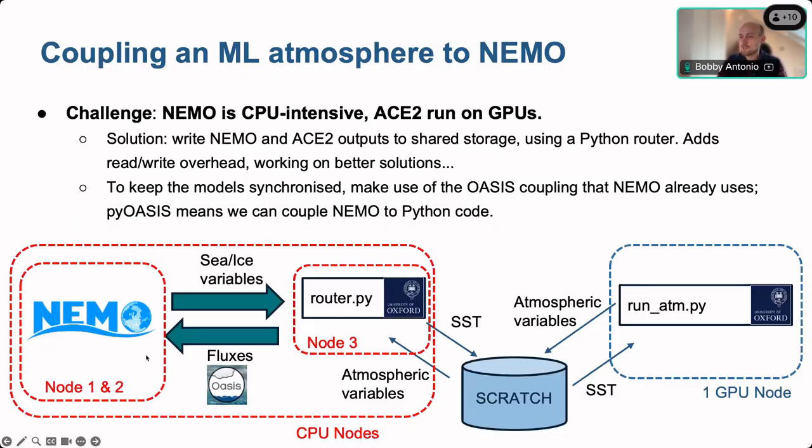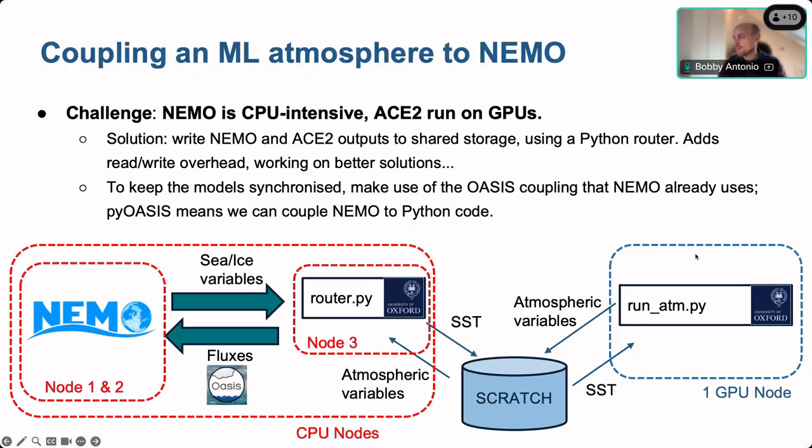NEMO runs as it normally does, just on 2 nodes, and it communicates via Oasis, the built-in coupling package. We create a router script that intercepts those messages and sends messages back. And we write all the ocean variables to a scratch disk.